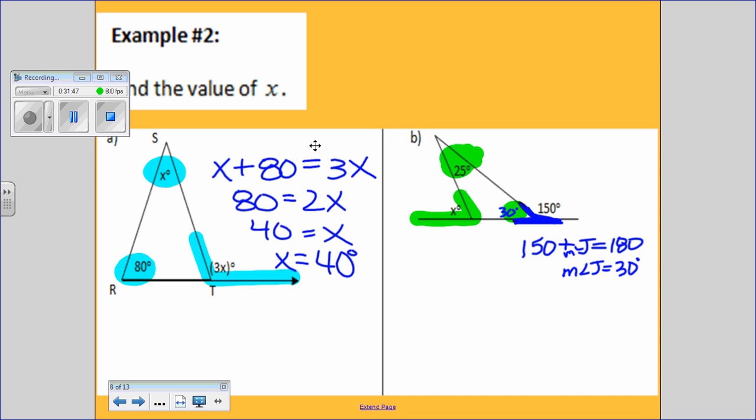So that guy's 30 degrees. Now I can find x, my exterior angle, by adding up what two numbers? 25 plus 30, so x is 55 degrees. So that was a two-stepper. Just had to do an extra step.